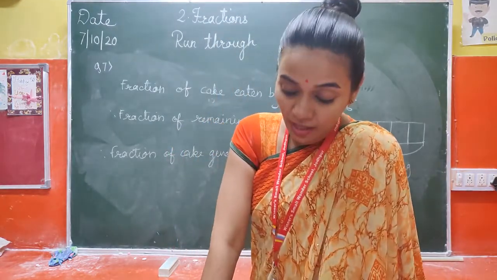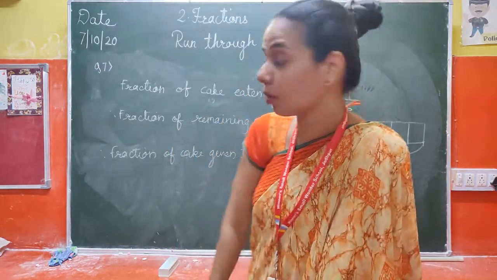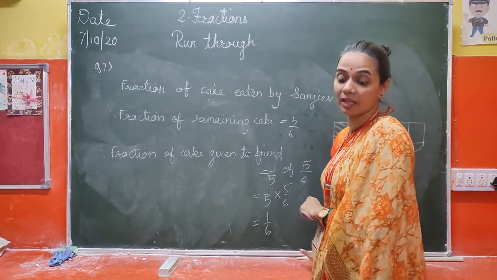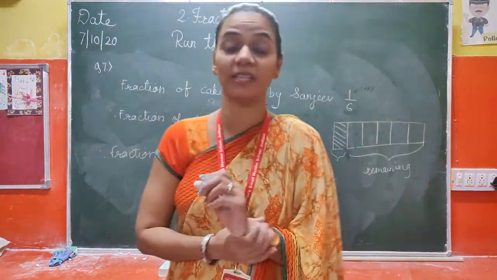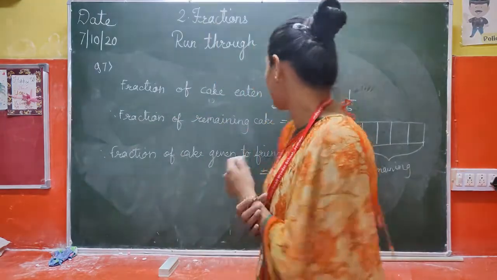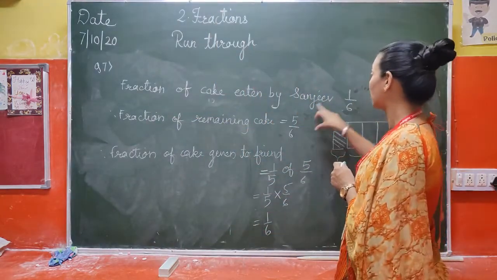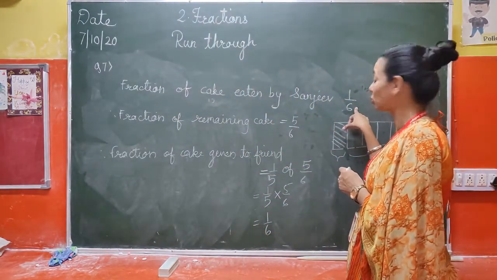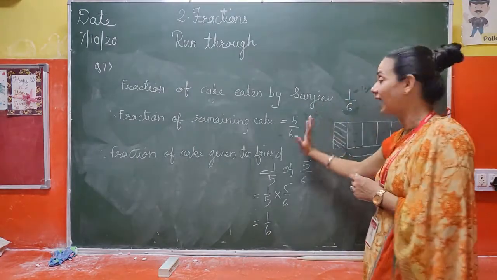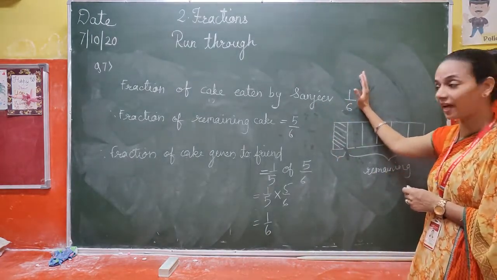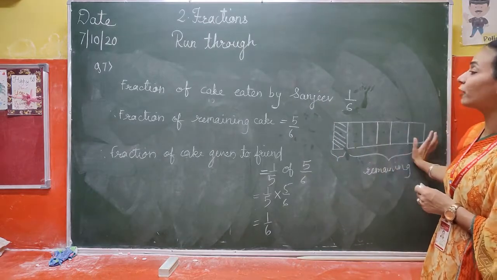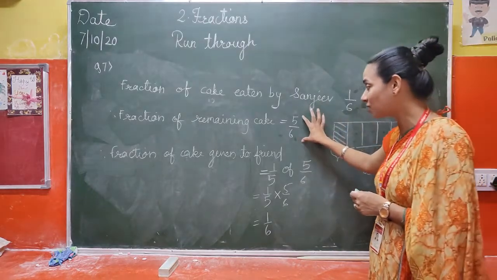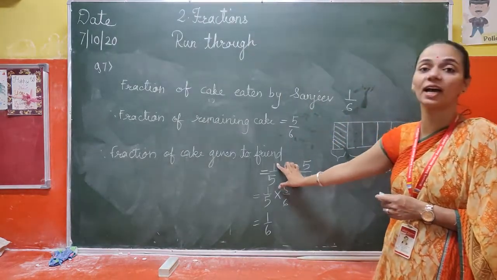Okay, now he kept the rest. Right, now the remaining part is kept with him. So what will be the remaining part? That you have to find out. See, the total was 1. Then Sanjeev ate 1 part and the other 5 parts remained. Now of that 5/6 part, what did he do with 1/5?